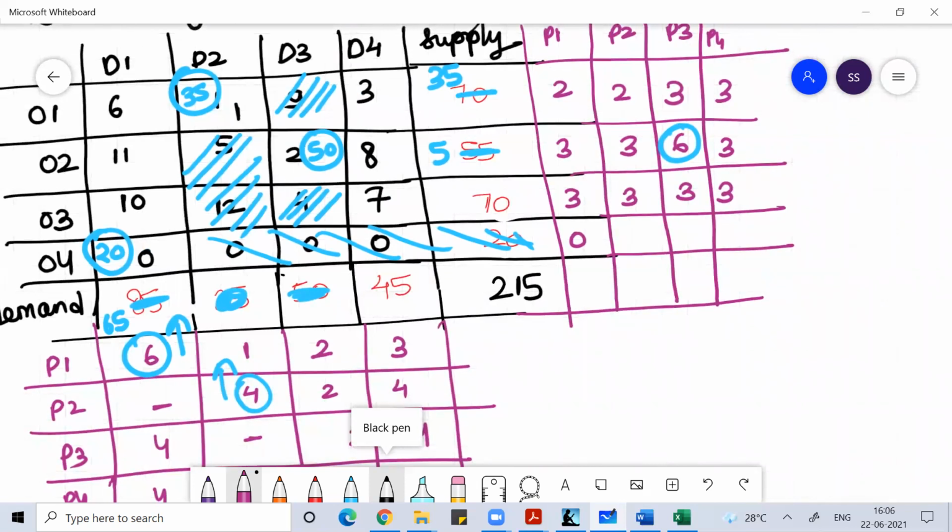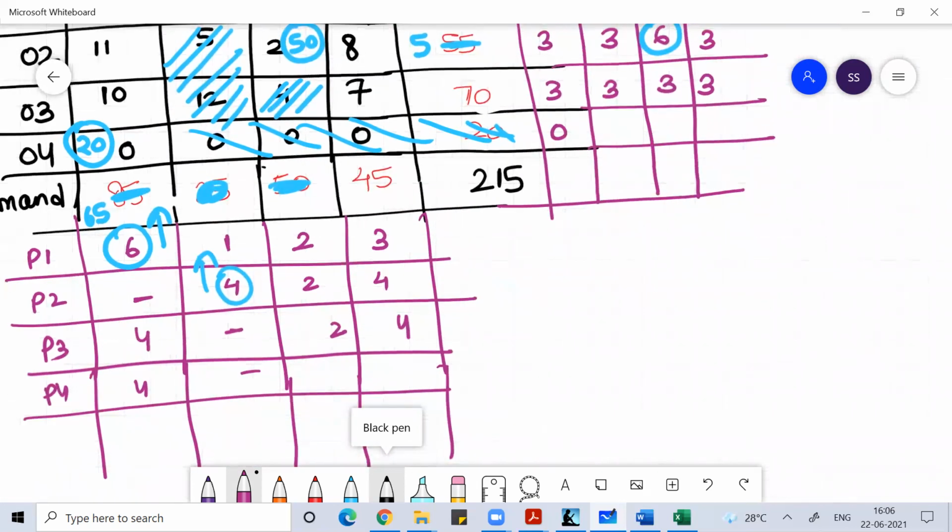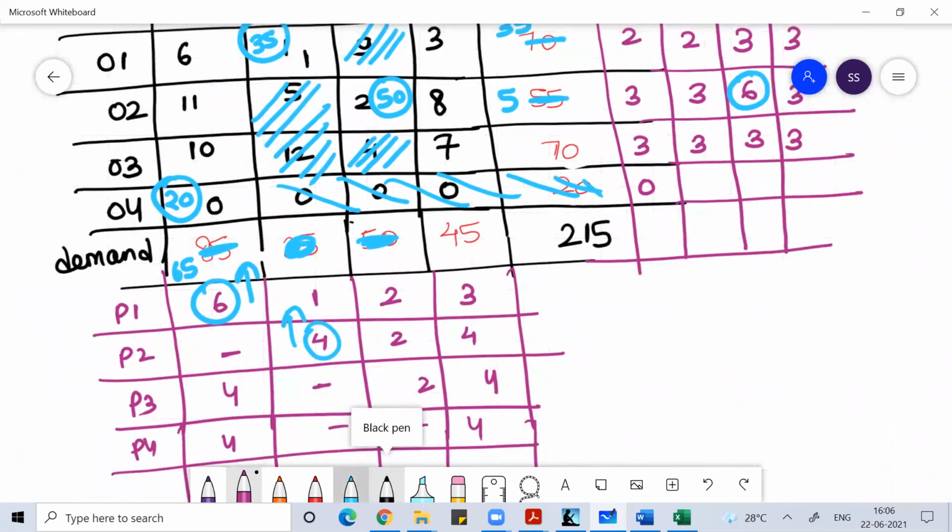Then 4. So you can take any 4. Suppose I take the first row, 4. There the smallest element is 10. So here the demand left is 65 and this is 70. So 65 I can put on this. 65, this is 10, the left one is 5.